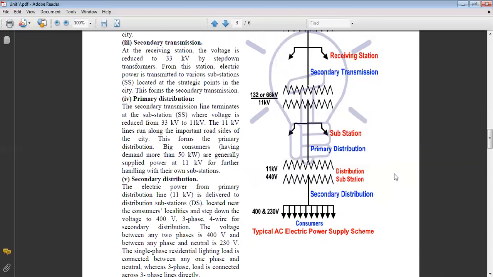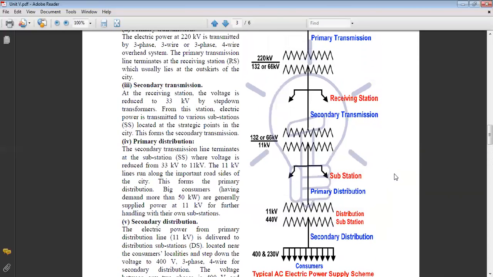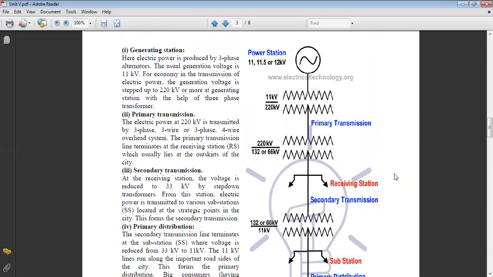This is about the AC power supply system. Just a small recap. Here we are having the generating station. We are generating the power at 11 kV. This 11 kilovolt, for long distance transmission purpose, we are stepping up to 220 kV.